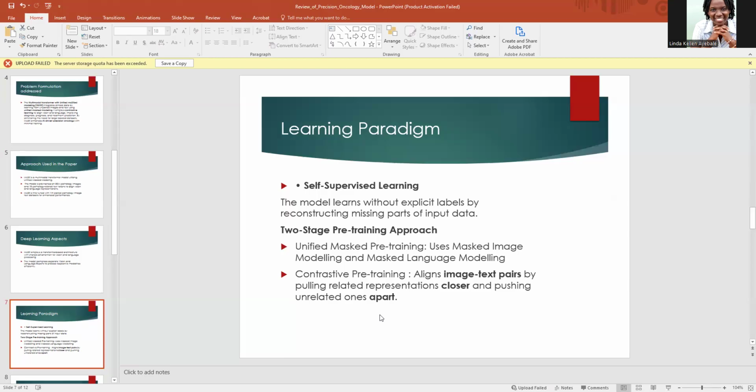One was the unified masked pre-training, which used masked image modeling and masked language modeling. The paper also talks about the contrastive pre-training, where they aligned the image-text pairs by pulling related representations closer and pushing unrelated representations apart.